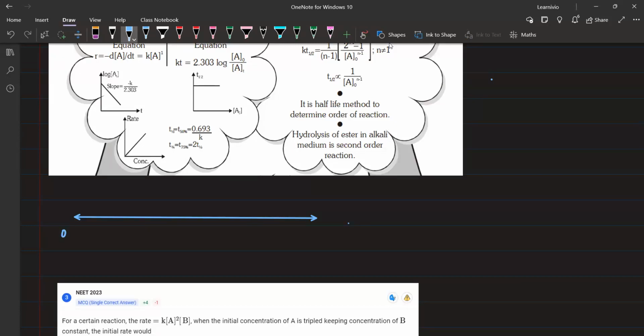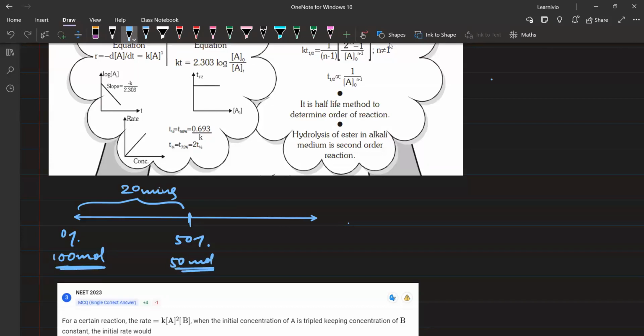This is the reaction at 0%. This is t half, where the reaction is completed by 50%. Suppose it requires 20 minutes from here to here. I started with, let us suppose, 100 moles, and right now I am at 50 moles.